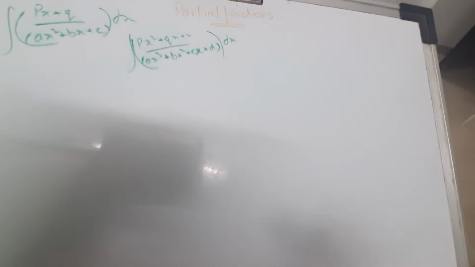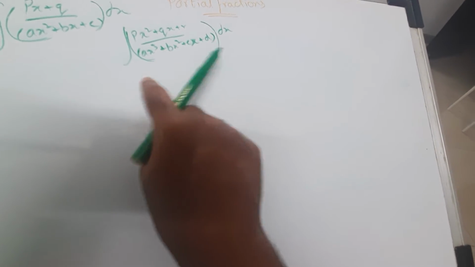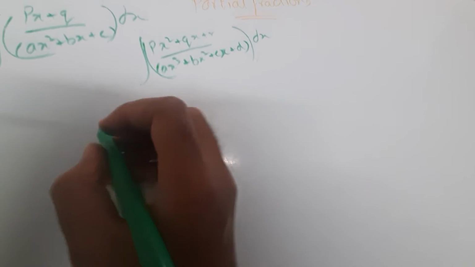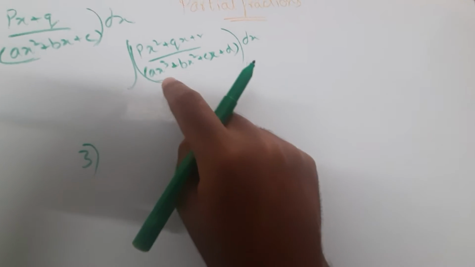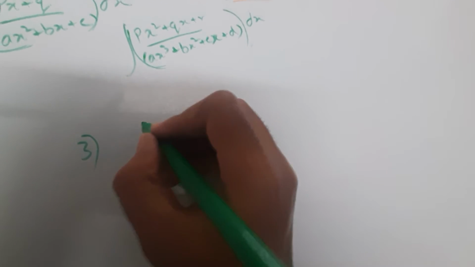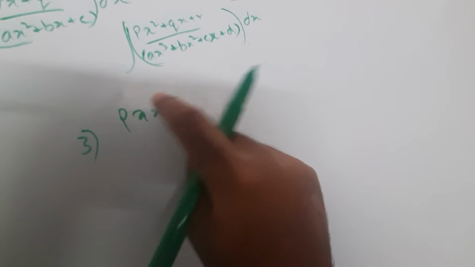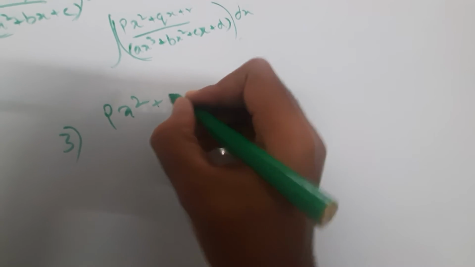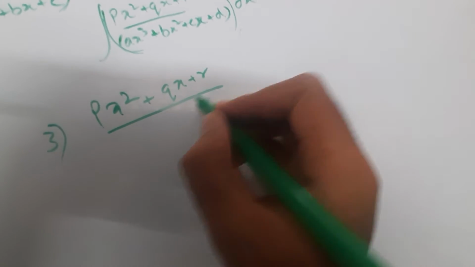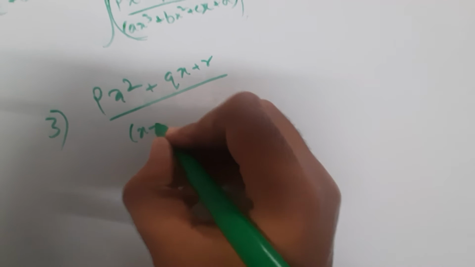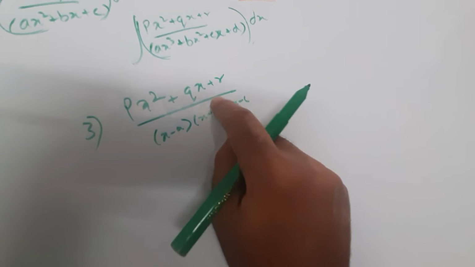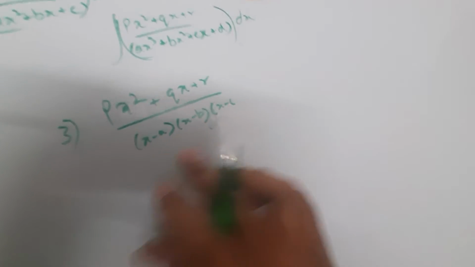Now for type 3, 4, and 5, we're going to use this form of function. Let's start with type 3. As usual, you're going to factorize the denominator, and what you will be getting is (px^2+qx+r) in the numerator, over (x-a)(x-b)(x-c).